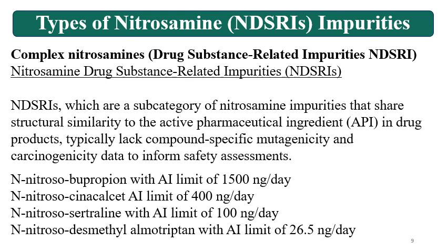Now coming to the nitrosamine drug substance related impurities. So the NDSRIs, which are a subcategory of nitrosamine impurities, share structural similarity to the active pharmaceutical ingredient in the drug product, and typically lack compound specific mutagenicity and carcinogenicity data to inform safety assessment. So on the basis of the read across approach or SAR, structure activity relationship, these are categorized, and these have been given the acceptable limits.